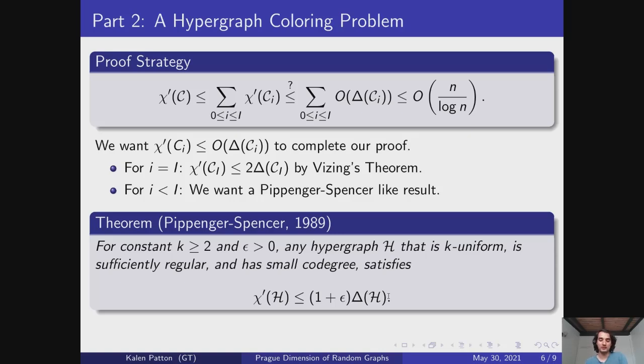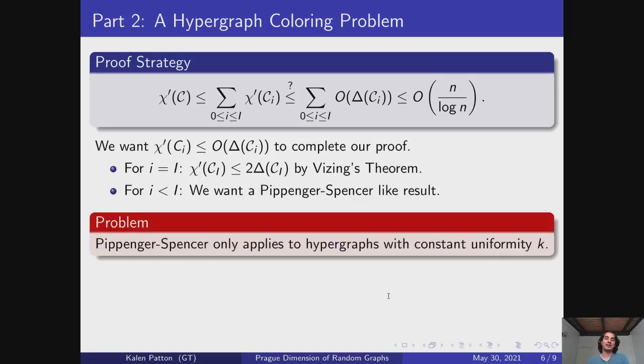However, it turns out we can't apply Pippenger-Spencer directly because we run into this small snag, that Pippenger-Spencer only applies to hypergraphs with constant edge uniformity k. And remember that in our partial clique coverings C_i, we can have cliques potentially of size up to log n.